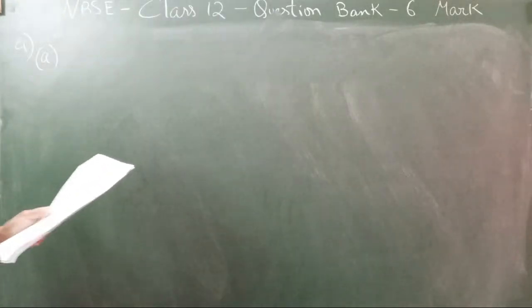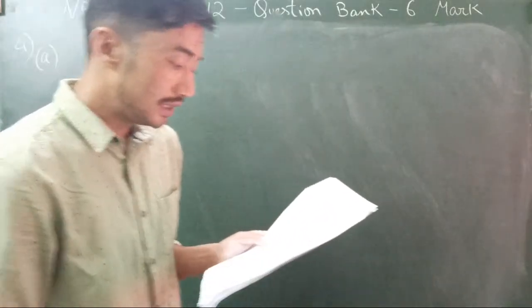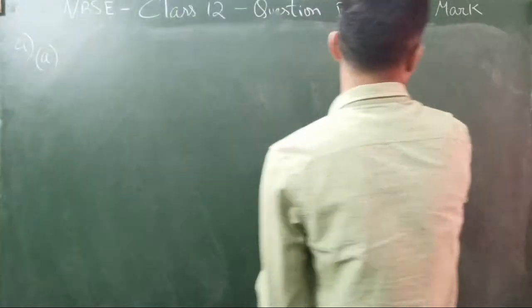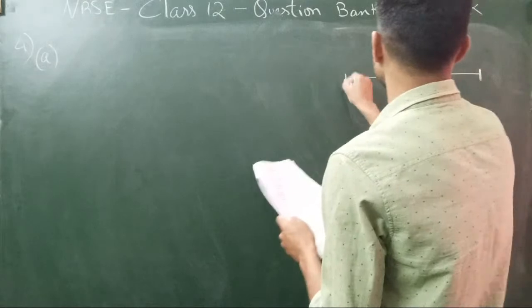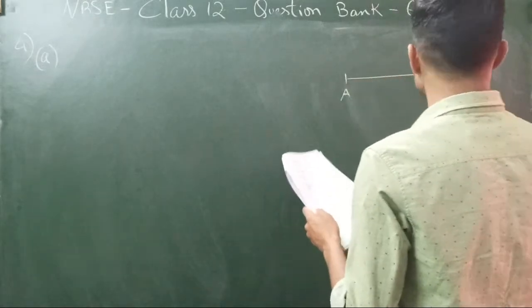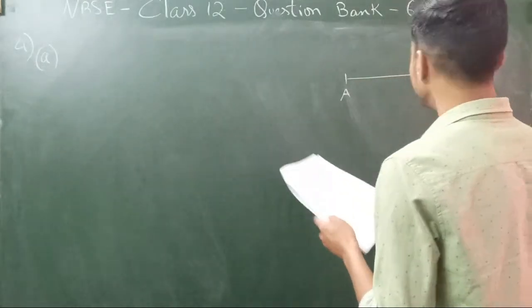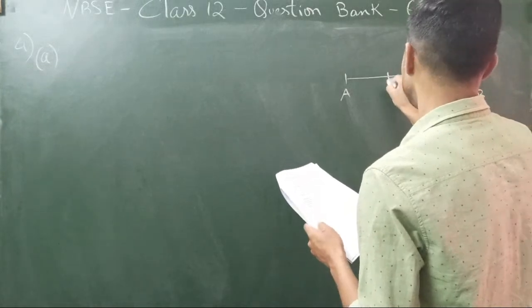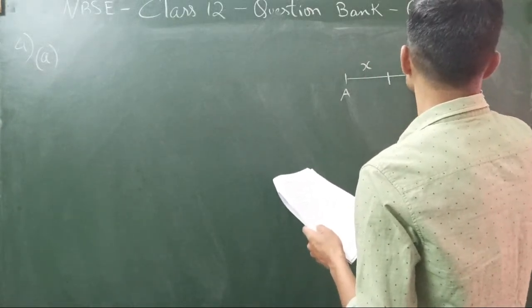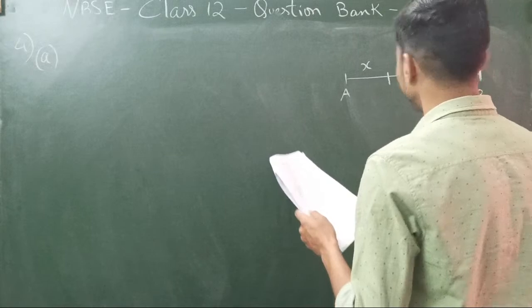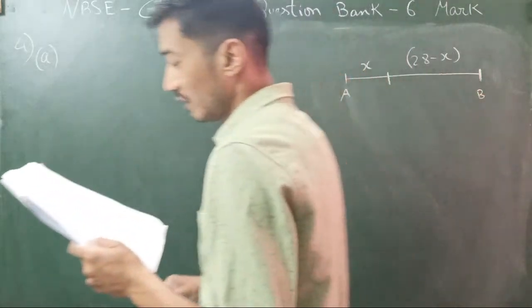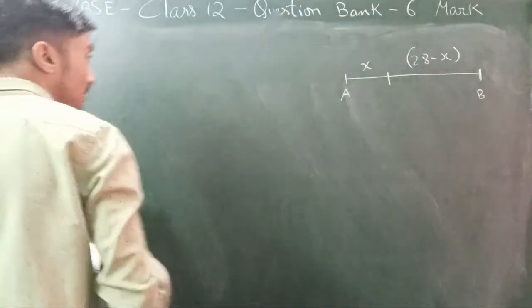Alright. What do we have here? A wire of length 28 meter is to be cut into two pieces. So if we cut one as x, the other will be simply 28 minus x. One of the pieces is to be made into a square.